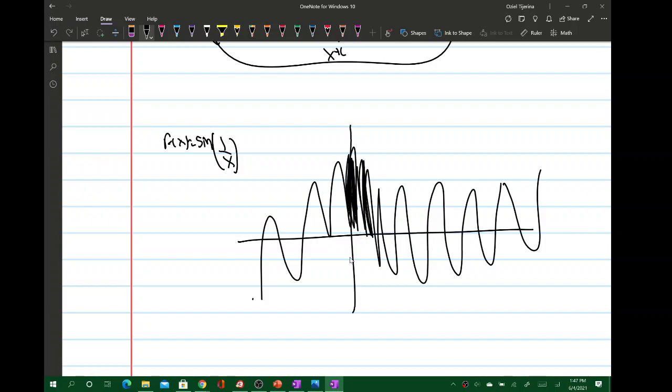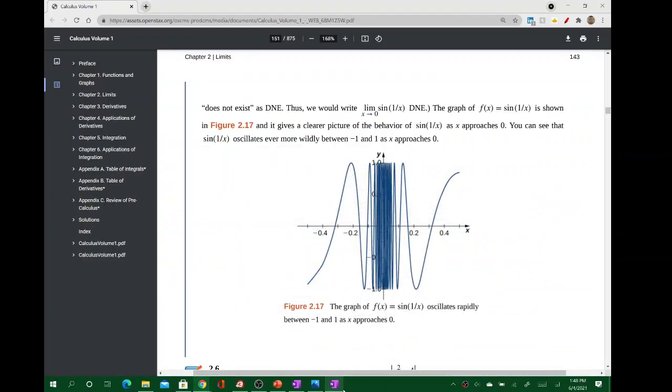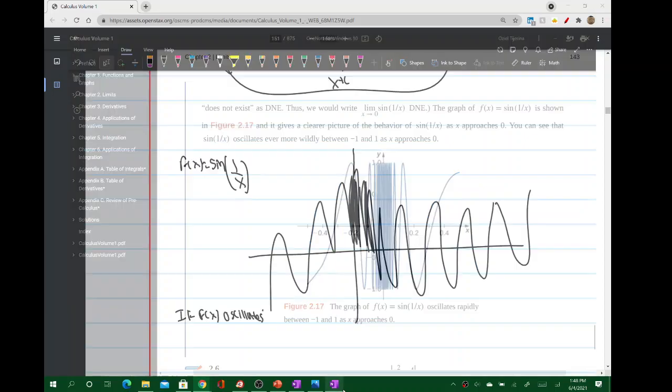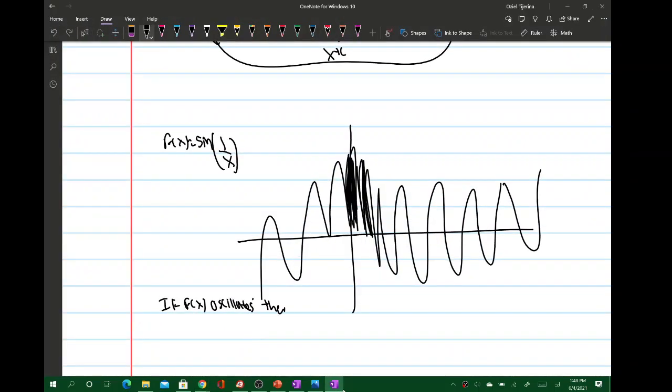Then what does that mean for the limit? If f of x oscillates at x equals c, then the limit as x approaches c of f of x does not exist.